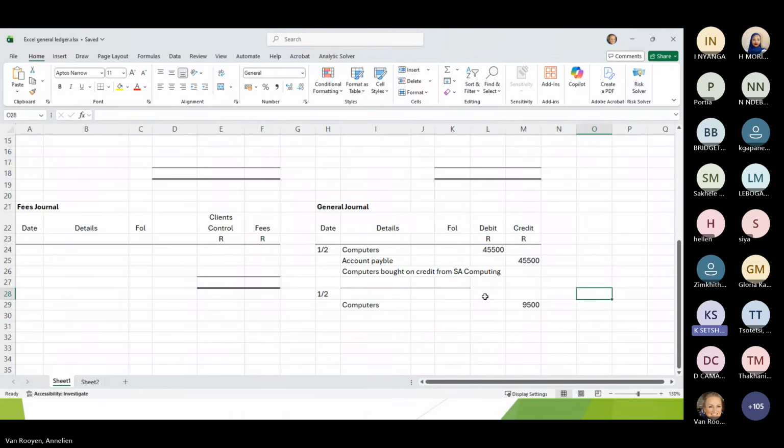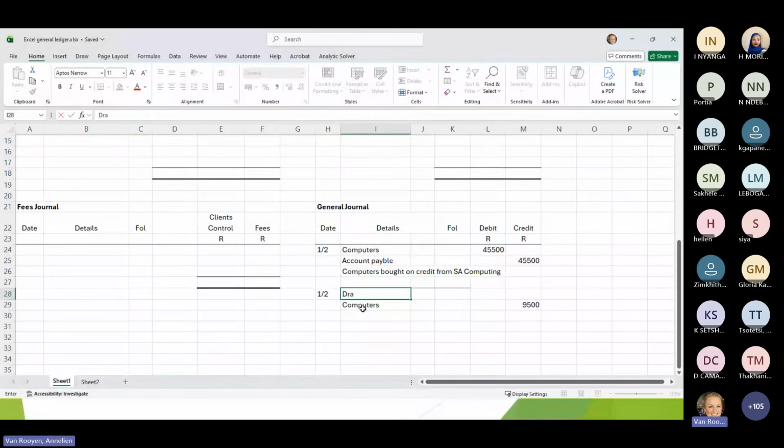Don't we debit drawings, ma'am? Yeah, we debit drawings, correct. Because now there's more drawings, the partner owes us this money because he took it from the business. But if you're not sure in a question, in a certain transaction, think about it logically. It's easy to think what is now less.